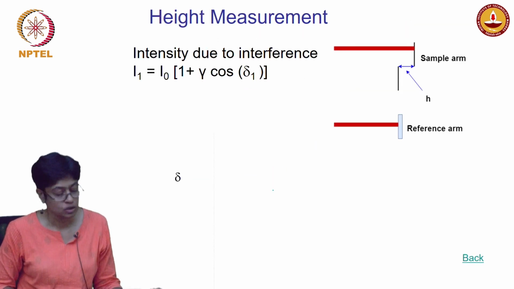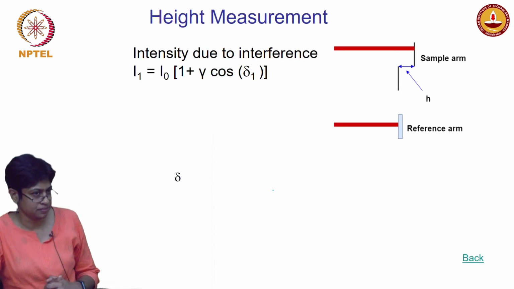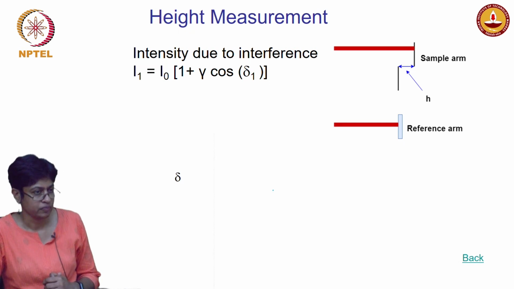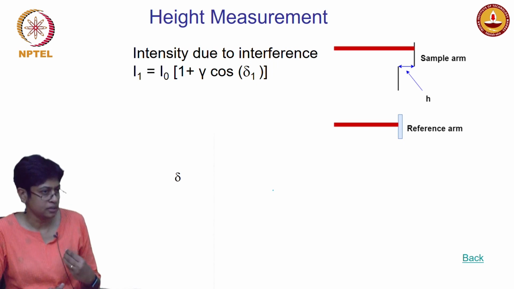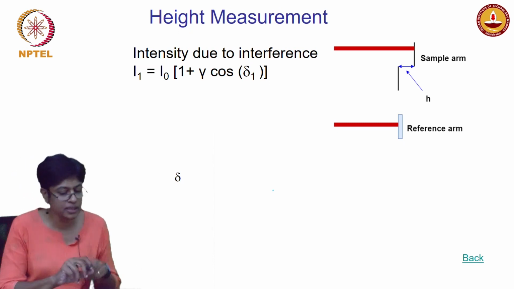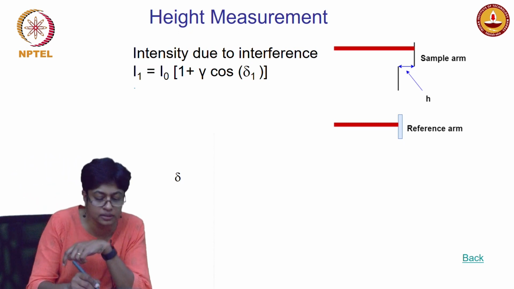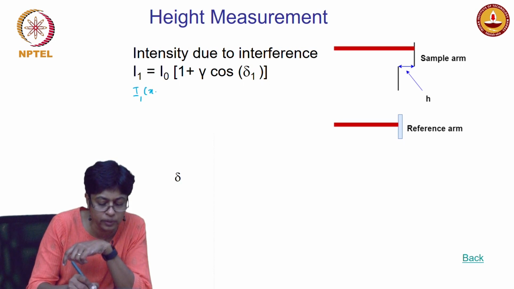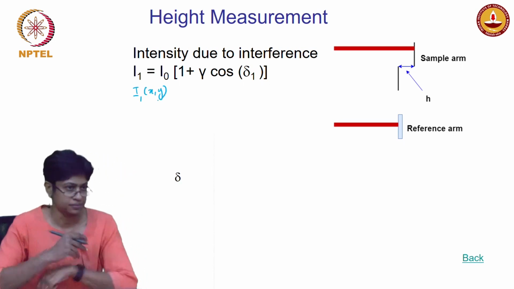Okay. So let's say I wanted to measure height. How would I do it? The information that I have available to me is the intensity that I am measuring. Please note, it is always that I am measuring this.